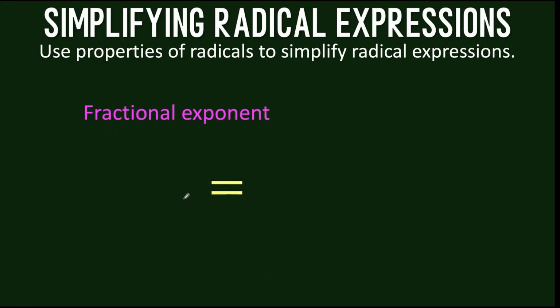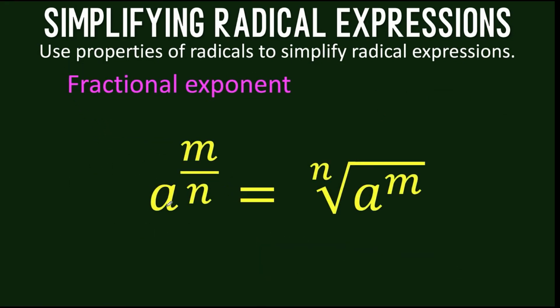To state that formally, we now say that the base a raised to fractional exponent m over n is equal to the nth root of a raised to m. Notice again that the denominator becomes the index of the radical, and a raised to m becomes our radicand. That is the conversion from fractional exponent to radical expression, and vice versa, from radical expression to numbers in exponential form containing fractional exponents.